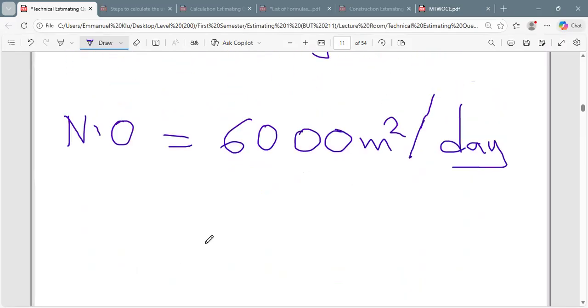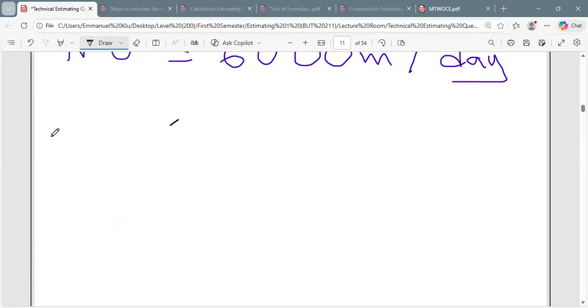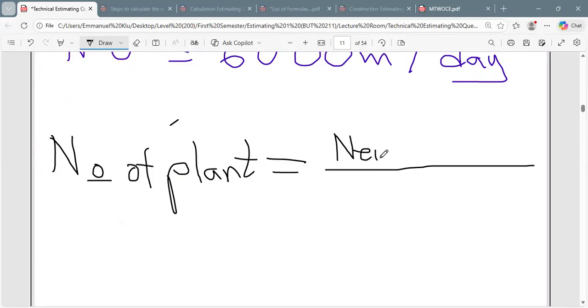So at the end of the day, since we are getting our new output to be 6,000 meters squared per day, it implies that our number of plants is equal to what? New output over the old output. Okay, that is the new output.